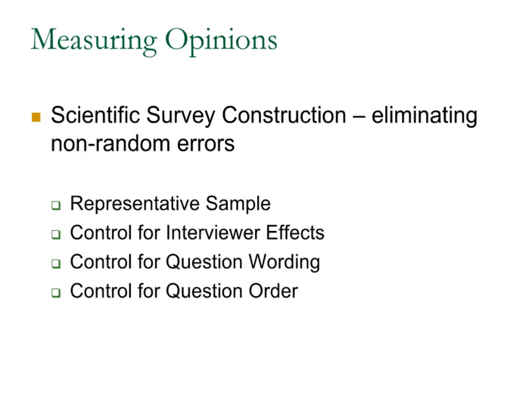A better solution than a bogus pipeline is to construct a survey in accordance with social science principles of survey construction. Since the 50s and 60s, we've figured out how to minimize the errors that are in surveys.